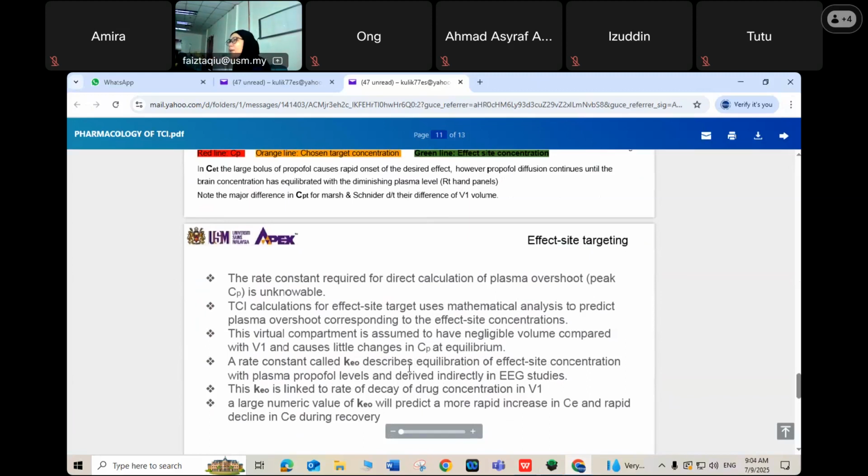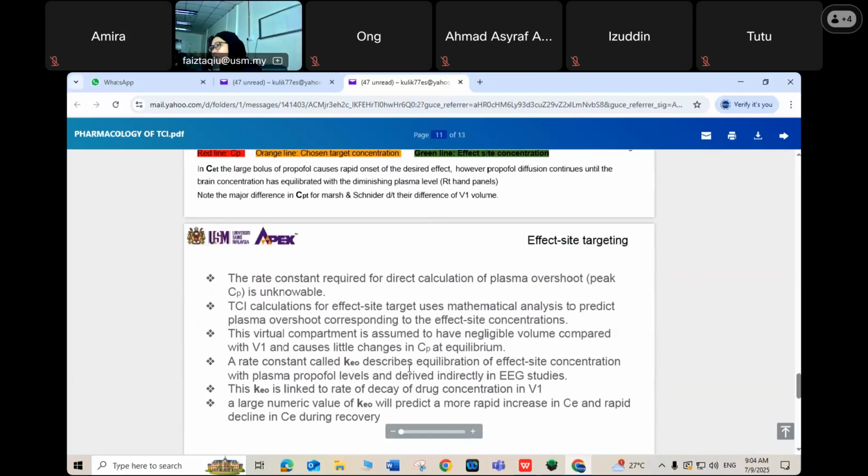Kan? To go where? To go to the effect site. Okay. So then this relationship, you perasan, dia KEO ada satu je. Dia tak ada balik semula, kan? Dia tak ada balik semula sebab drug dah guna. Okay, so only one direction, right? So this relationship describes how much the drug is being reduced from the V1 to go to the effect site.